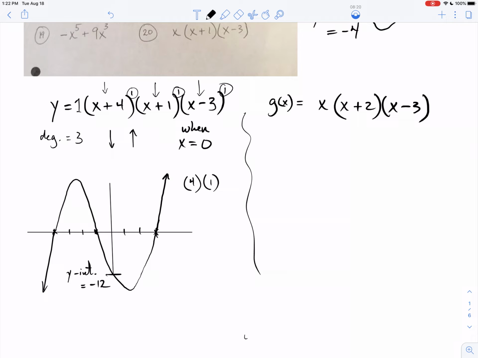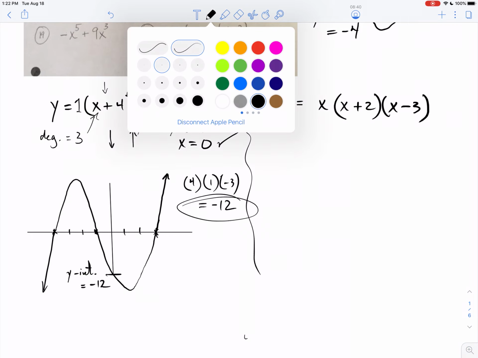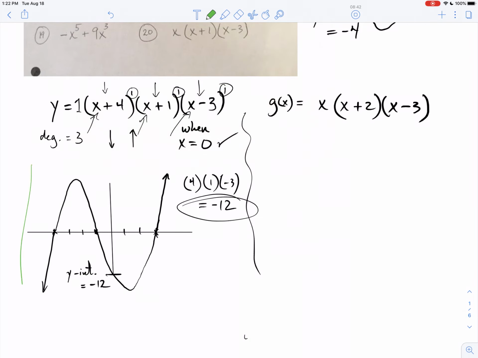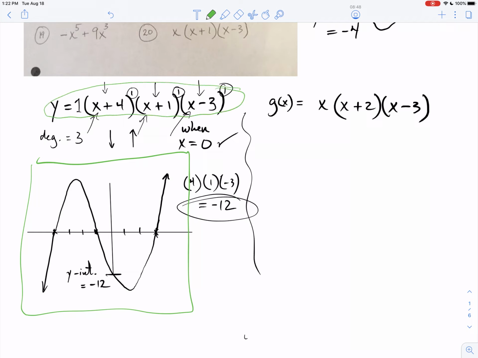Not x minus 3, but -3. What's 4 times 1 times -3? It is indeed -12. So when x is 0, I plug in 0 for all these, and I get out y equals -12, so that's my y-intercept. This right here is the answer for sketching this graph.